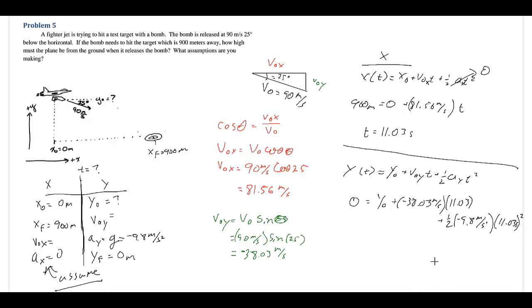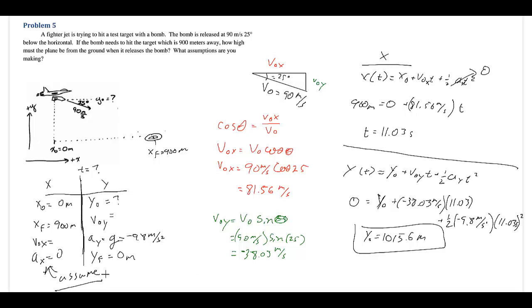There you go, squeeze it in there. Solving for y naught, so you essentially add this to this side. You end up with y initial is equal to 1015.6 meters. So that is the height that you need to be at so that it hits the target.